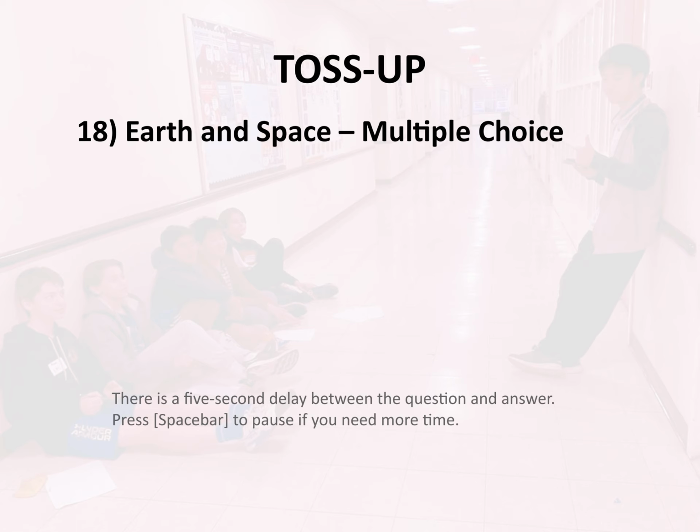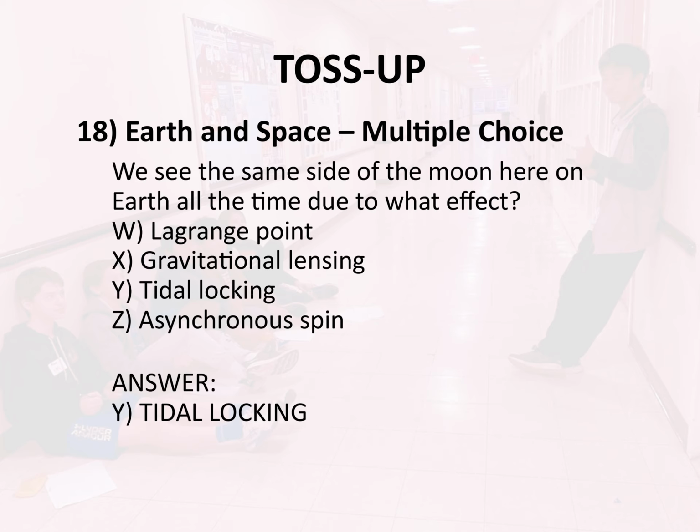Earth and space, multiple choice. We see the same side of the moon here on Earth all the time due to what effect? W. Lagrange point. X. Gravitational lensing. Y. Tidal locking. Z. Asynchronous spin. Answer: Y. Tidal locking.